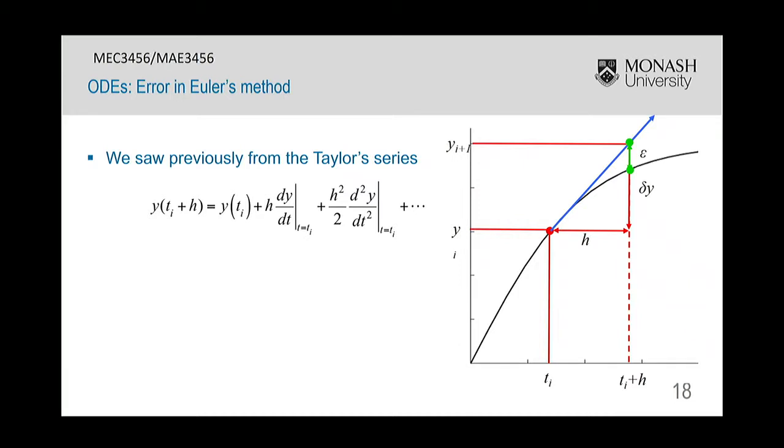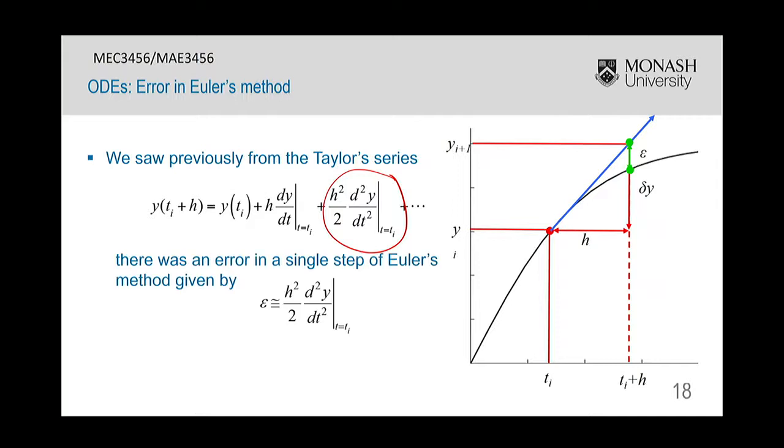So we saw previously from the Taylor series that there's an error in Euler's method, and the error scales like this leading order term in the Taylor series expansion. It's given by approximately h squared on 2 times d squared y dt squared evaluated at the beginning of the interval. That's the magnitude of the error.